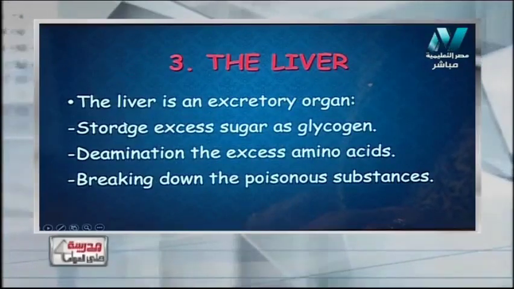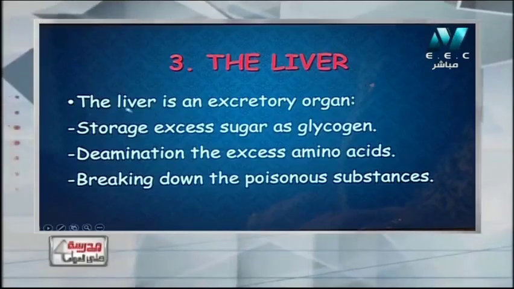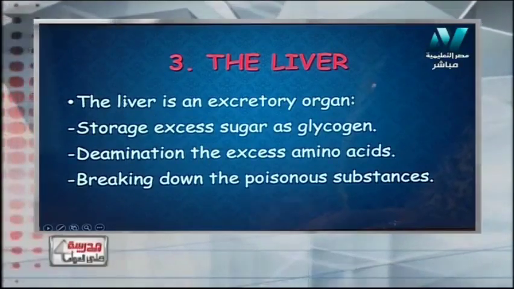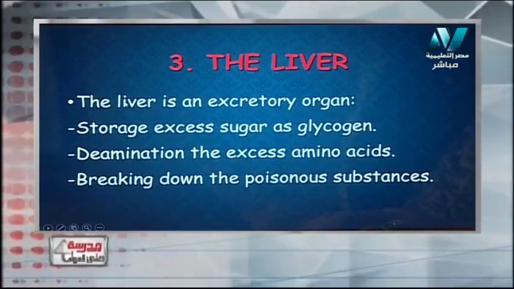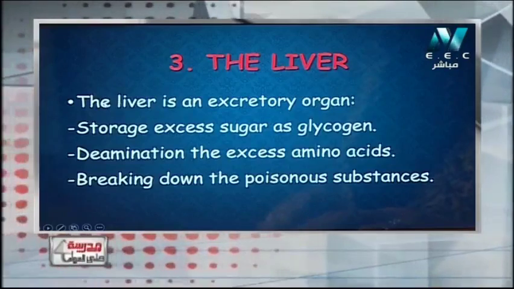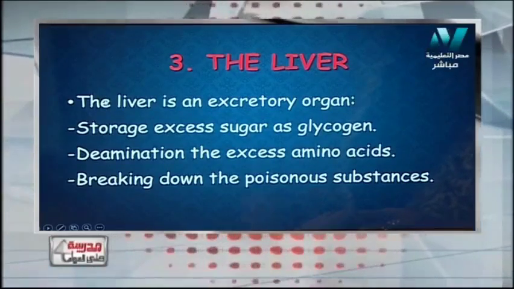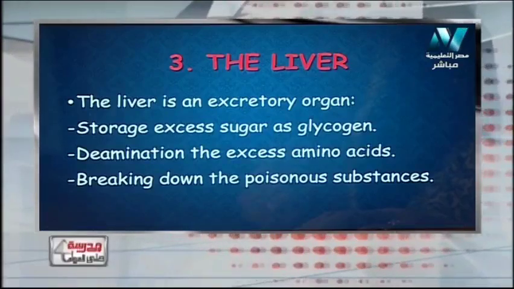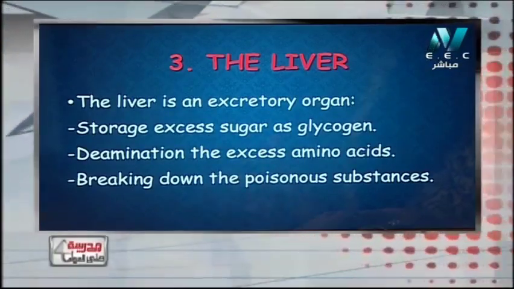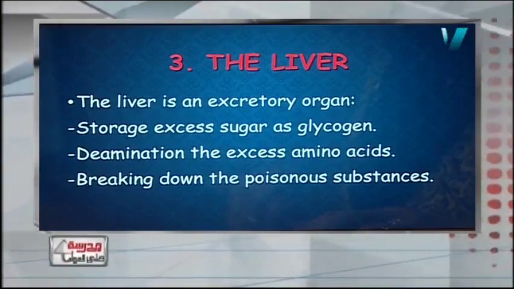The liver is another excretory organ, and we cannot forget that we mentioned the function of the liver in excretion many times. Remember, when we studied the digestive system, we said that the digested food goes with the blood into the liver through the hepatic portal vein. Inside the liver, many things take place.